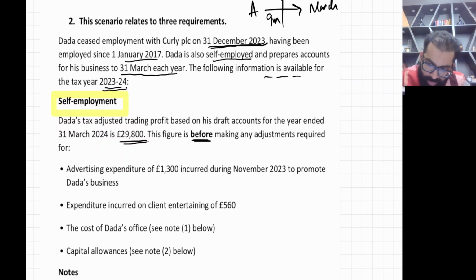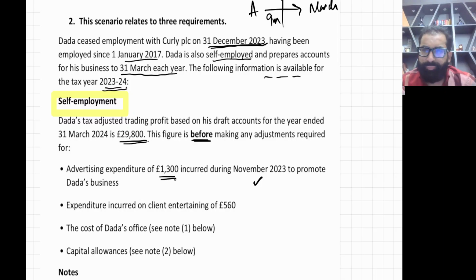Number 1, advertising expenditure of 1300 incurred during November to promote Dada's business. Yes, this is allowed. Advertisement for business is fully allowed, as it is an allowed expense, but they haven't done any adjustment. So we need to deduct it. It's so simple.